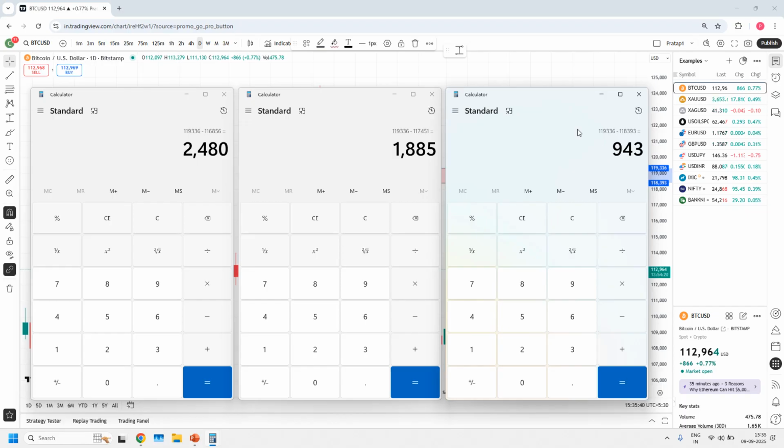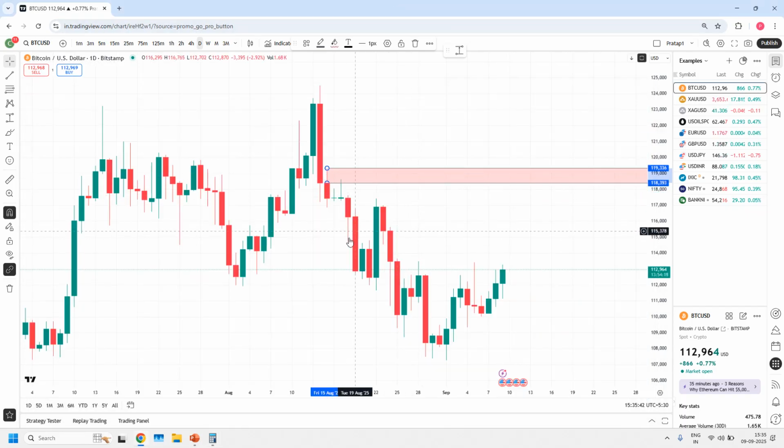But the problem with the third one is that many times prices may not reach the type 3 proximal level. Before that itself prices will be moving down. That means the majority of the times you will be missing the trade.